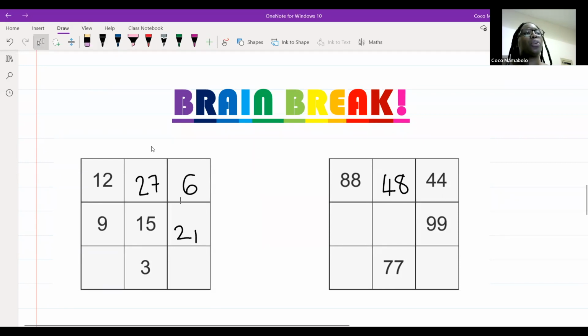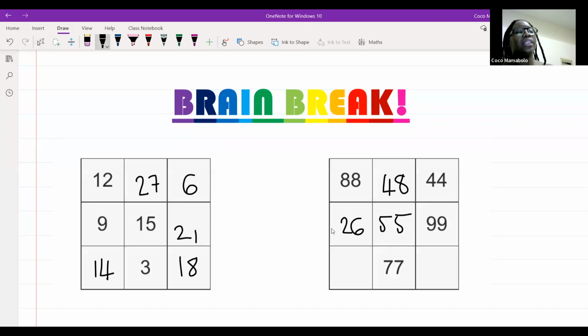Bottom left is 14. All right, I see you guys. Okay, 12 plus 15 plus 18. Okay, I just want to show you guys something. Middle: 26, 55, 99. 24, 3, and 18. Let me see if you're correct, Lubukani.